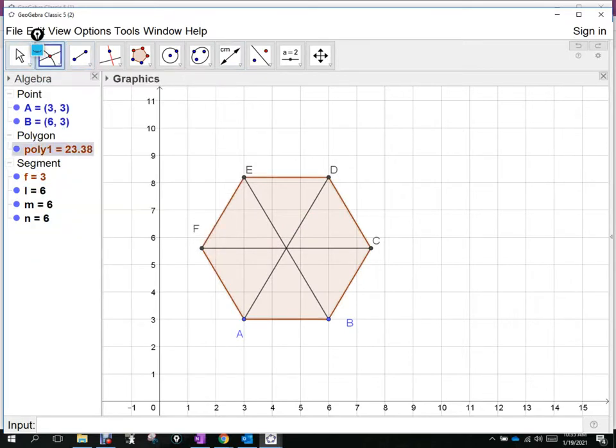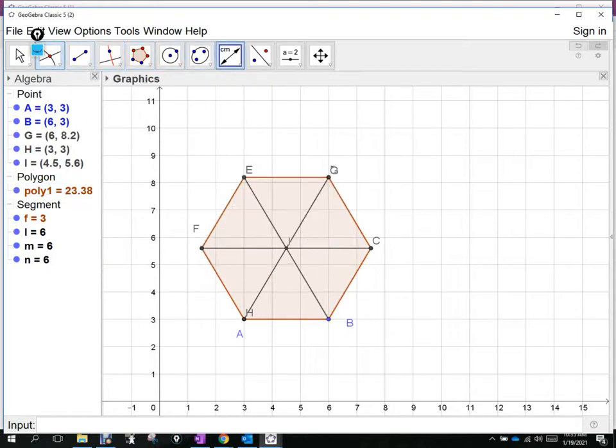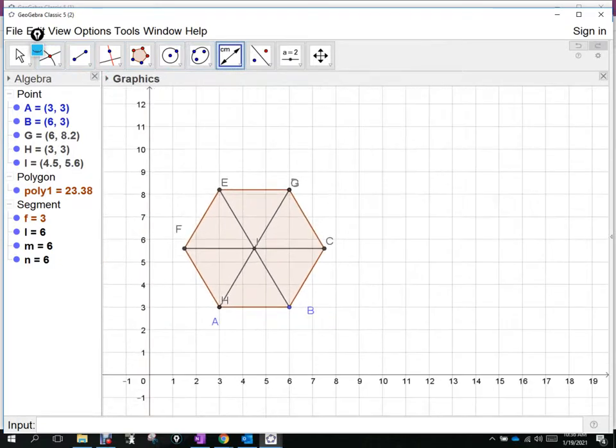Intersect that. All right, so E, why isn't E showing up over there? I don't see E. I don't either.